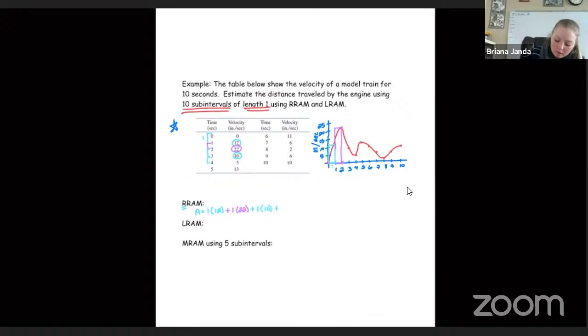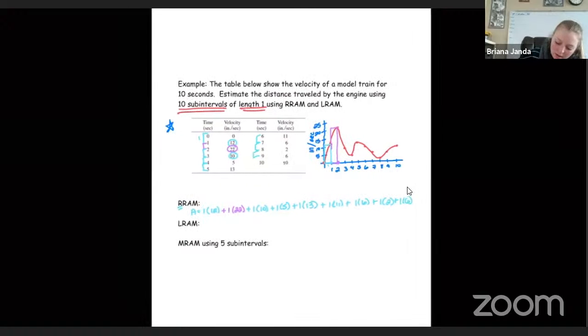So from 3 to 4, we'd use a height of 5. From 4 to 5, we'd use the height of 13. Right-hand side, from 5 to 6, we'll use the height of 11. From 6 to 7, height of 6. 7 to 8, height of 2. 8 to 9, height of 6. And from 9 to 10, which would be this last little rectangle right here, the right-hand height would be up at 10.